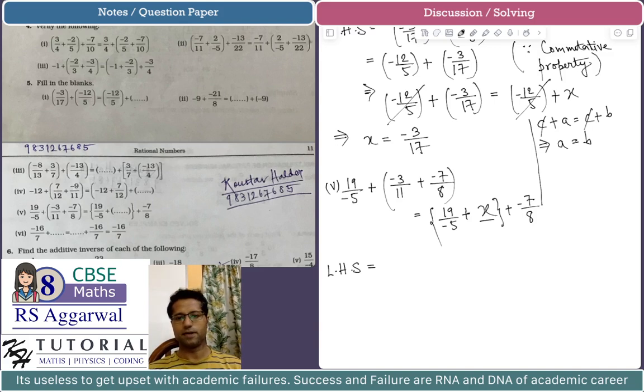So let's say I am trying to transform the given LHS by using rearrangement of rational numbers to look something similar to the given RHS.